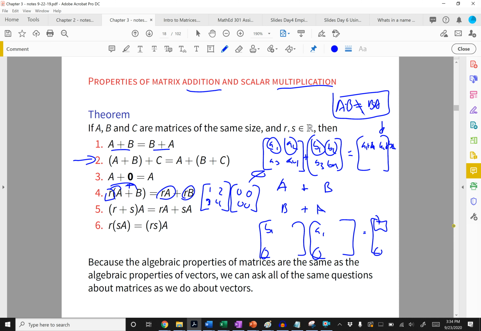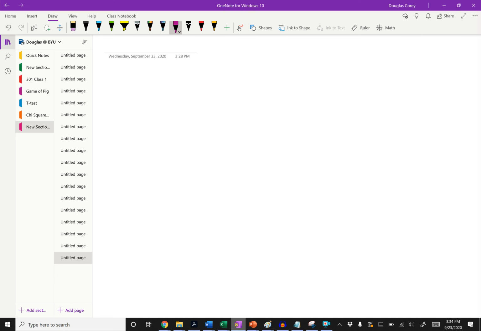That works in a similar fashion, or you can convince yourself in a similar fashion by taking r, and you can write down a matrix 1, 2, 3, 4, plus 7, 8, 9, 10. These are any matrices. Again, as long as they're the same size, you can add them together.